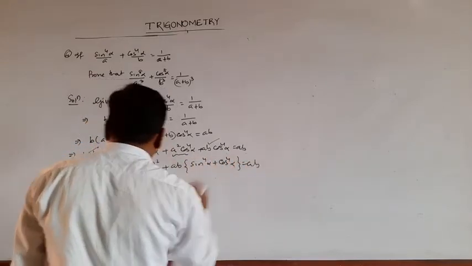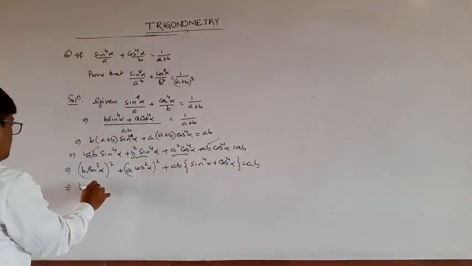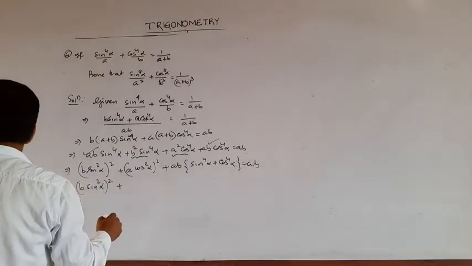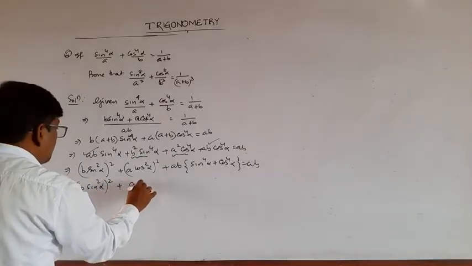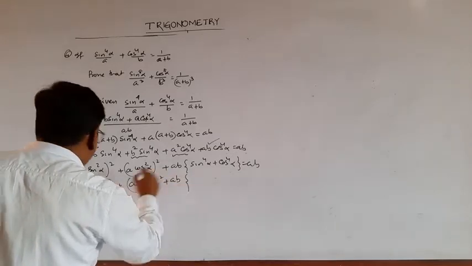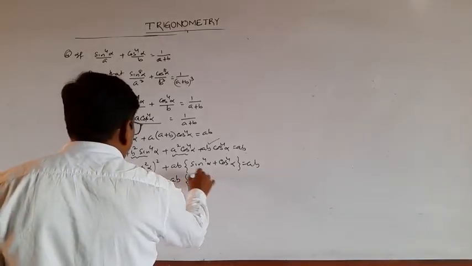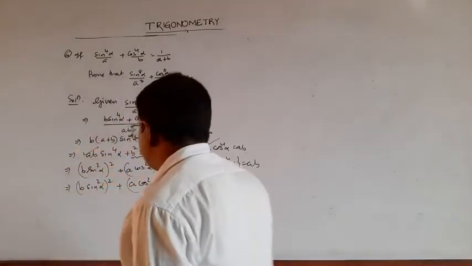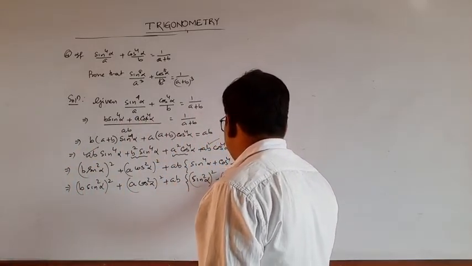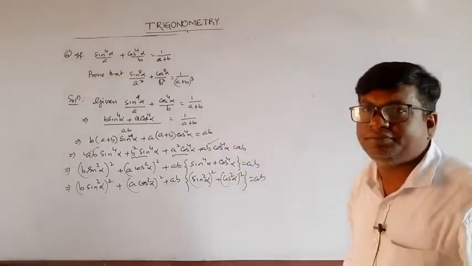Okay, now this is equal to b(sin²α)² plus a(cos²α)² plus ab times (sin²α)² plus (cos²α)², which is equal to ab. Clear.